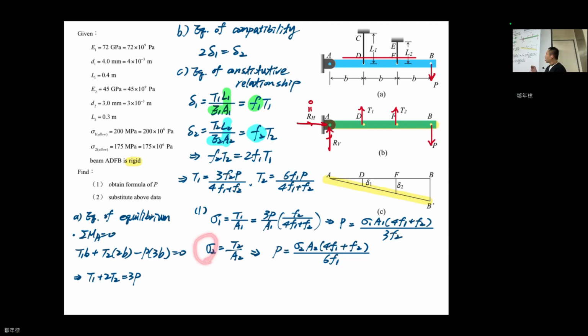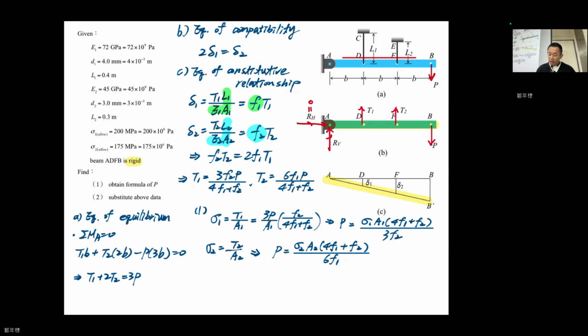If you have one value of P, you can substitute it and determine sigma 1 and sigma 2.